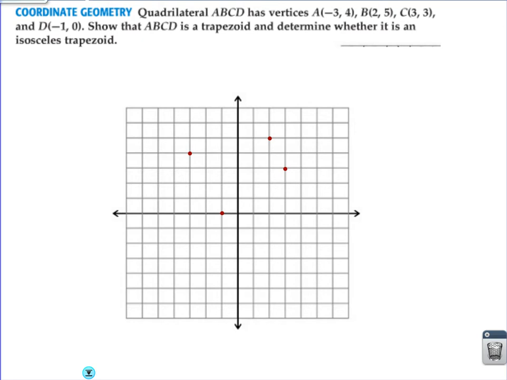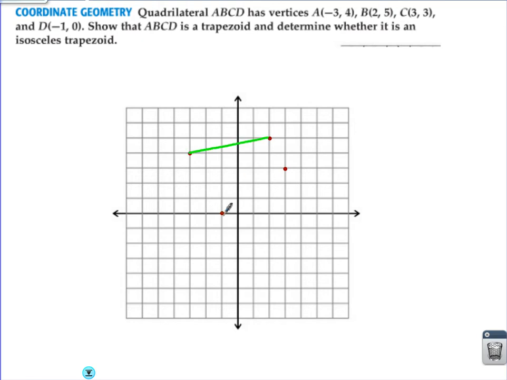Okay, nearly done, guys. You have a quadrilateral with these vertices. I've already got it graphed here. Show that it is a trapezoid and determine whether it's isosceles or not. How do we determine a trapezoid? Remind me, what's true about a trapezoid? Two sides are parallel. Can you tell which sides it's going to be, guys?